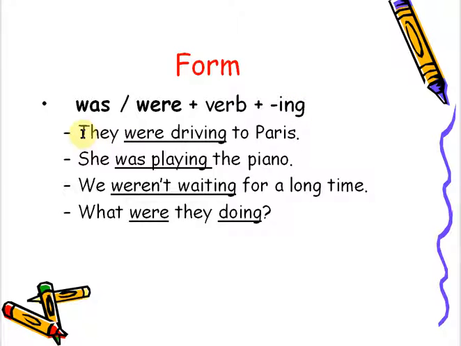And you get sentences like, they were driving to Paris, she was playing the piano, we weren't waiting for a long time. What were they doing? So you see, the ending ing is always present, even in the questions where we just use the inversion of the subject and the auxiliary word.